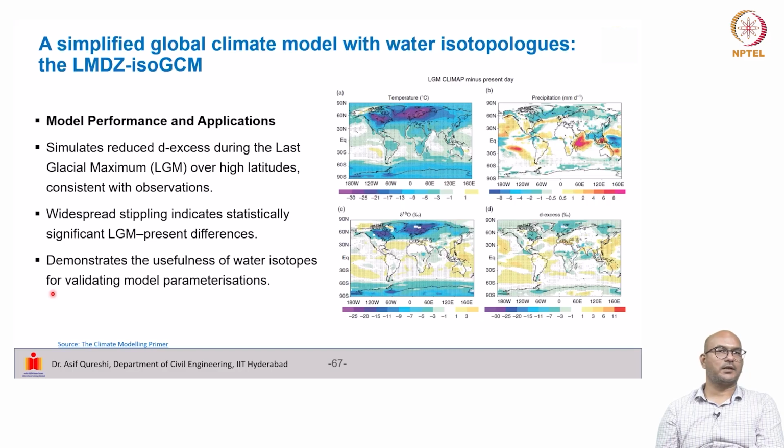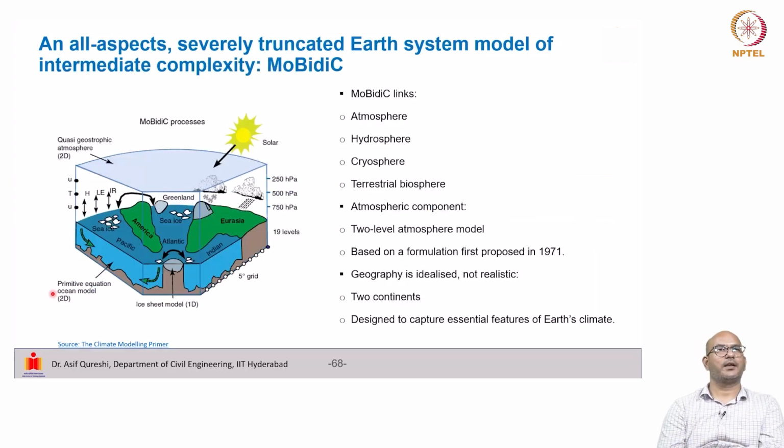Now we have seen EMICs with specific limitations in parameterizations. Next, we will have an EMIC with a truncated Earth system model. Here we have a primitive equation ocean model, 2D model, then we have an ice sheet module, then we have different ocean basins, we have sea ice, we have the land, and we have Greenland here, and we have different heat fluxes being exchanged.